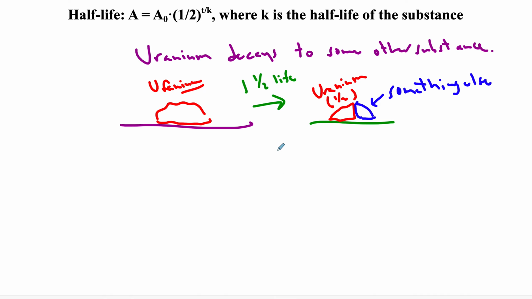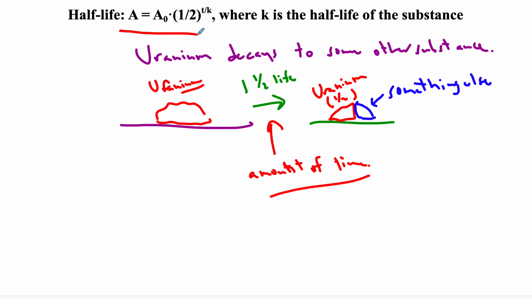When we talk about a half-life, this is an amount of time: the amount of time that it would take for half of this stuff to go away. Now, this A equals A naught, A for amount, so A would be the amount. A naught would be, you probably guessed this, the initial amount.